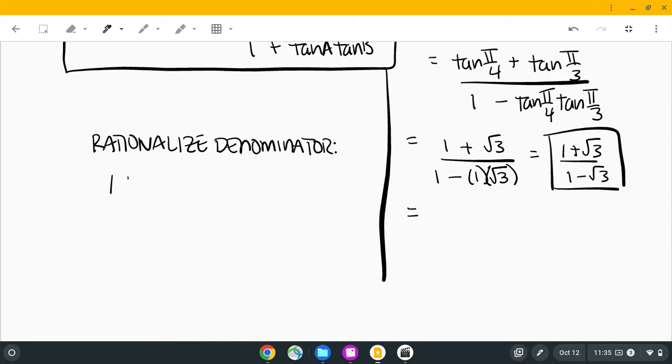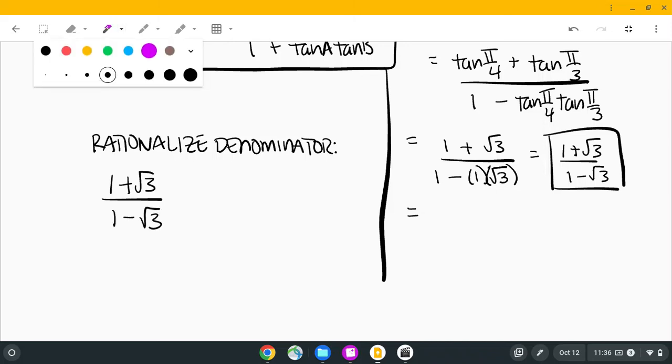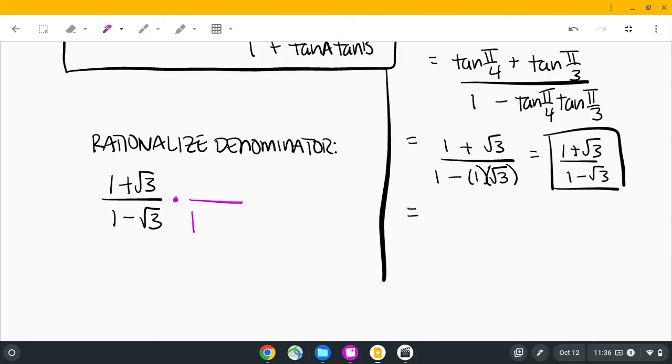Okay, so if you get something like this and they don't accept this answer, then go ahead and rationalize it by multiplying by the reciprocal, not the reciprocal, the, what is that word? Gosh, I'm having a senior moment.